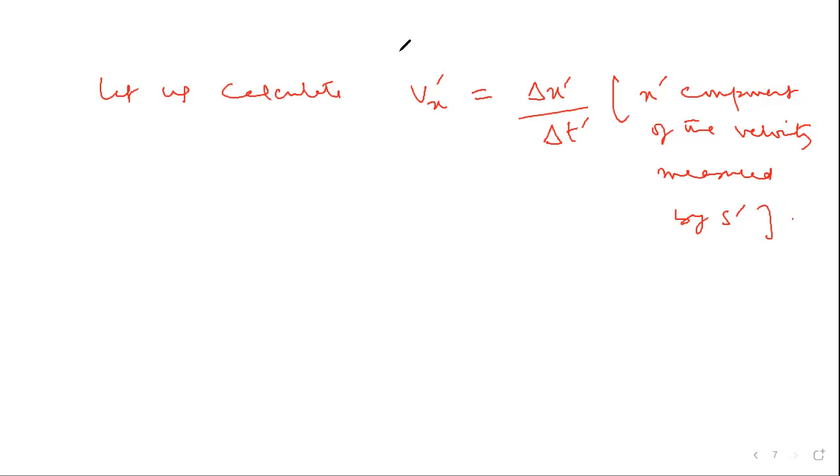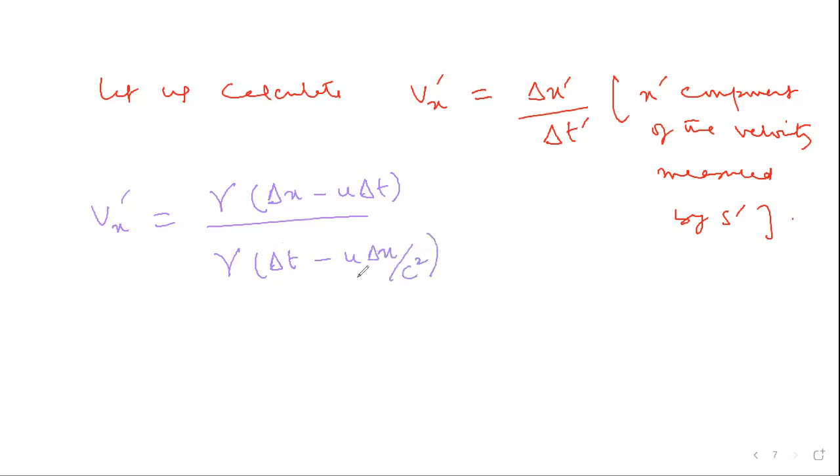We have to simply use the Lorentz equation. So Vx prime will be, therefore, what is delta x prime? It's gamma times delta x minus u delta t, and delta t prime is gamma times delta t minus u delta x by c square.